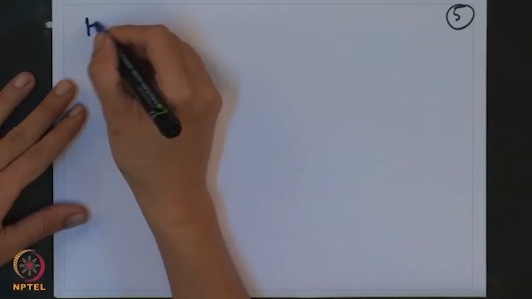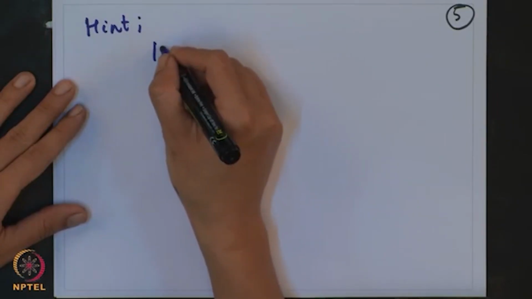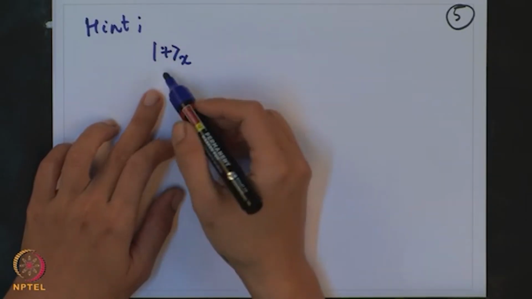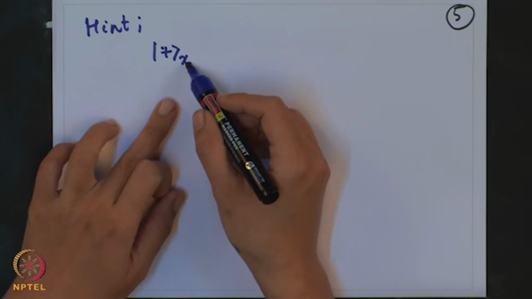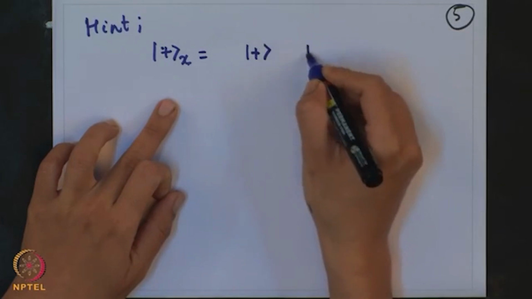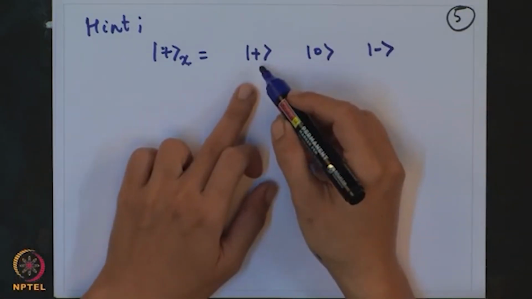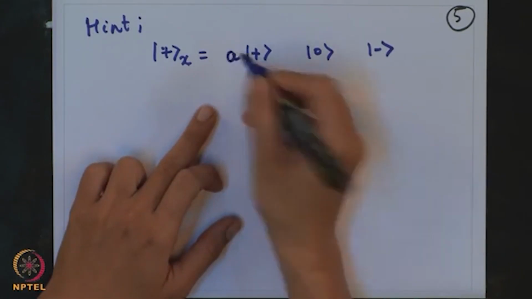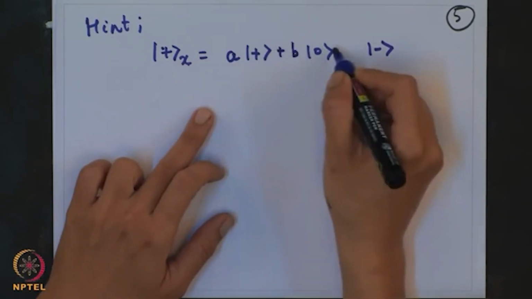I can give you a hint. If you want to calculate ket plus x in terms of ket plus, 0 and minus, which are the eigenbasis of Lz, let us write a linear combination of these.